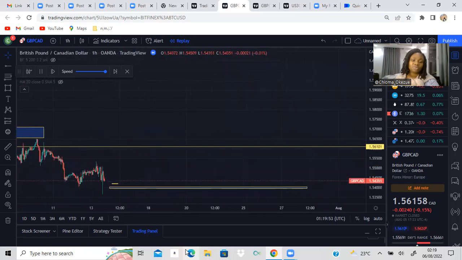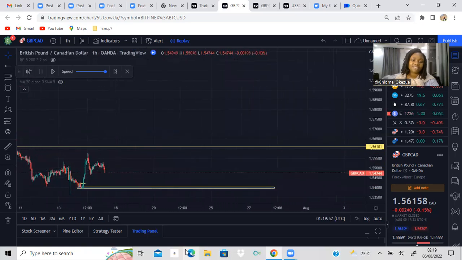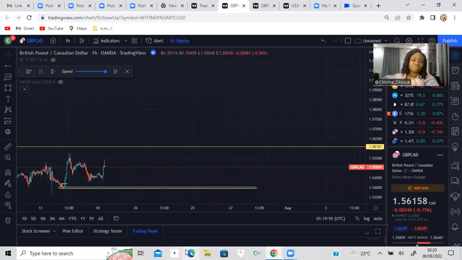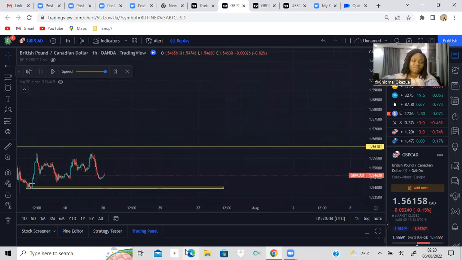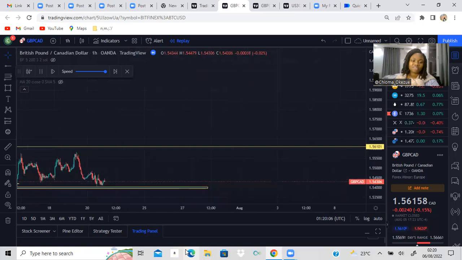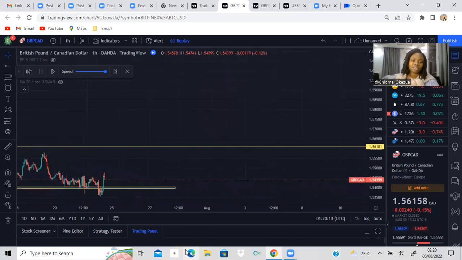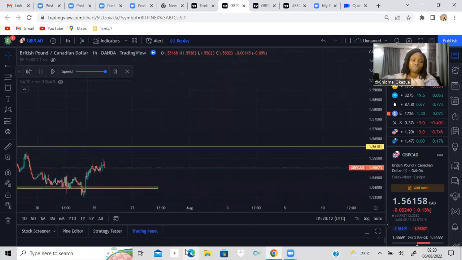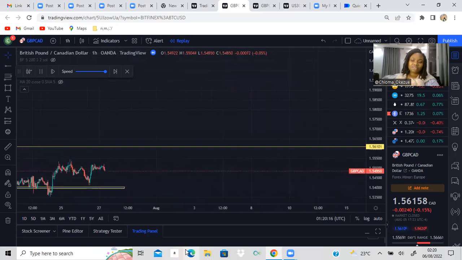All right. Oh, it looks like I marked the other one earlier. That is my support. I think I marked the support earlier. Look at that beautiful reaction. Oh my God, I love Forex. Look at that support right there. Beautiful. Guys, study.